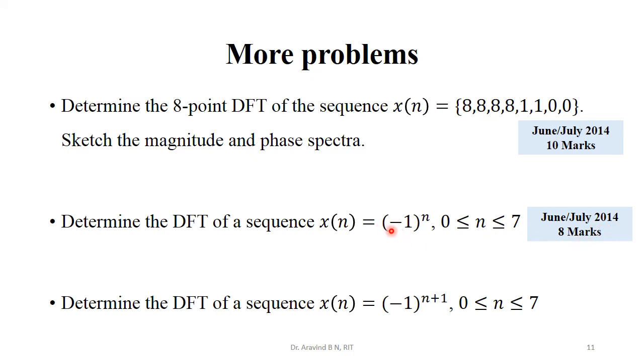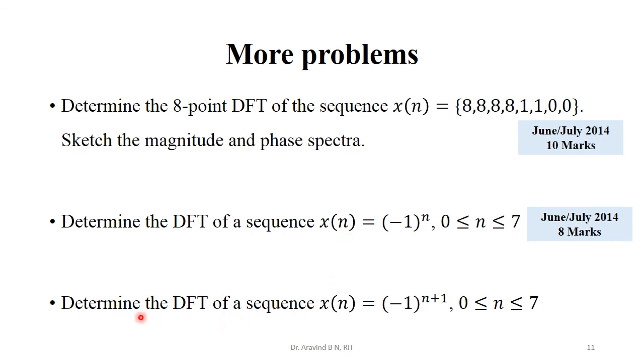Here also the sequence is not given in a straightforward manner. You need to calculate all 8 points, that means for small letter n equal to 0, 1, 2, 3, 4 up to 7, you take each value of n and calculate the value. Finally we get the sequence x of n, for which we need to calculate the 8-point DFT.